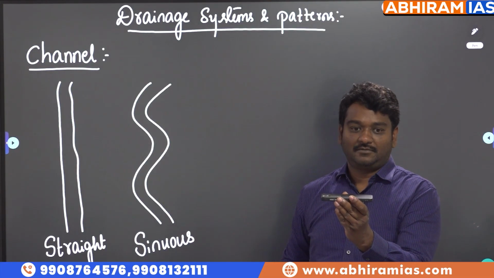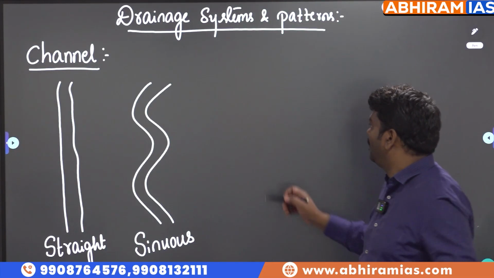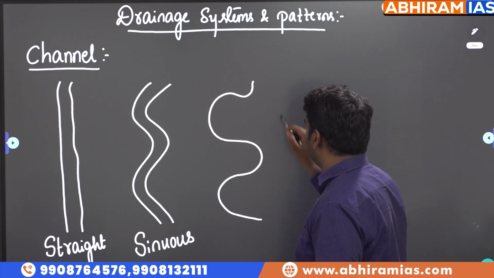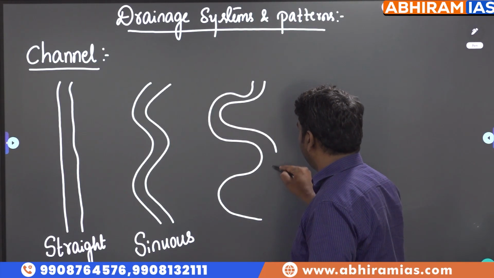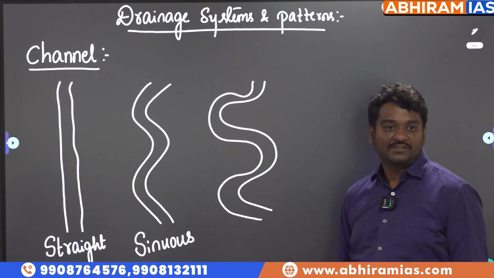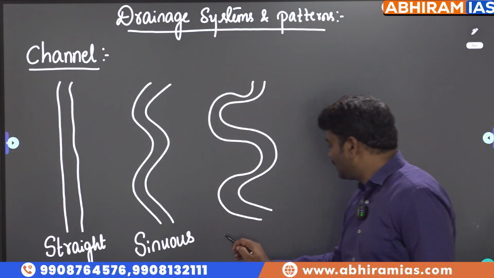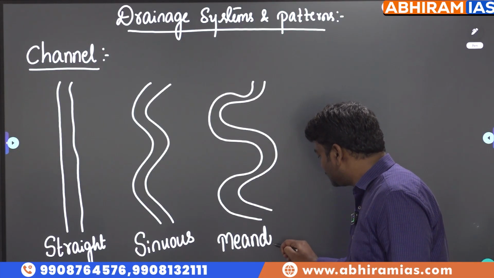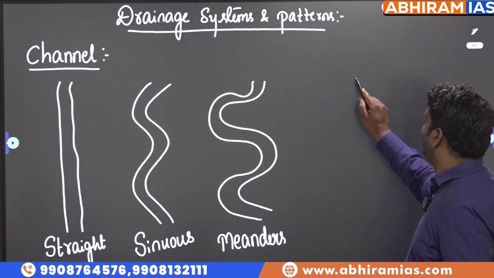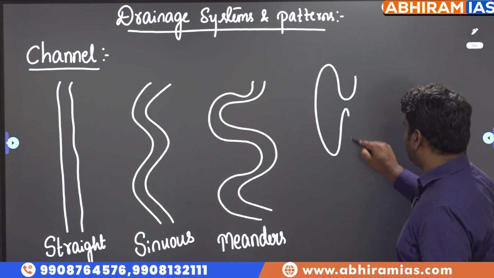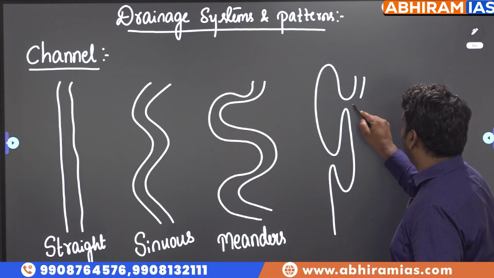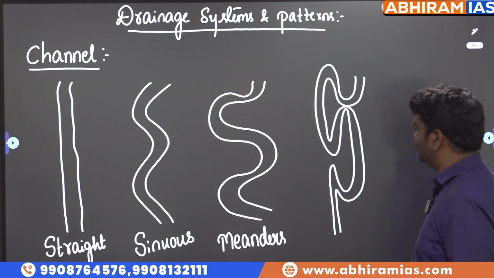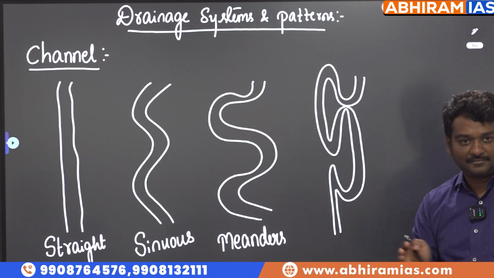Flat, what will happen? The river will start going like this. What is this called? Meanders. Further, the river starts going like this, completely.